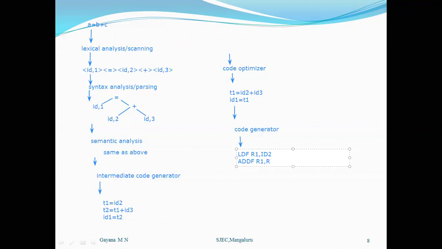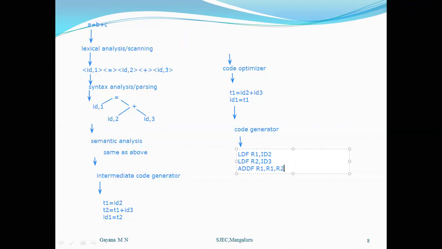Before performing the addition with R1, I can load the content of ID3 into R2. Then you can perform the add: you add R1 and R2, and store the resultant back into R1.